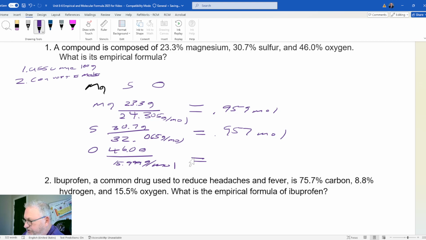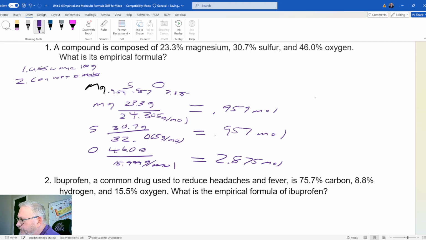I got 46 divided by 15.999. I get 2.875 moles. Okay, so I got 0.959, 0.957, and then I got 2.875.